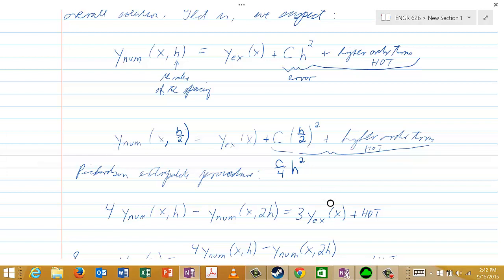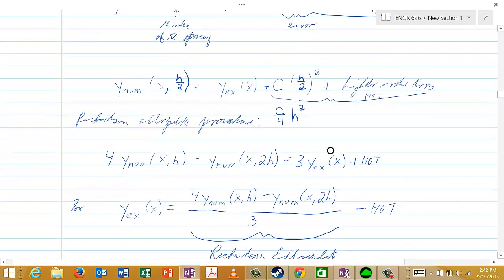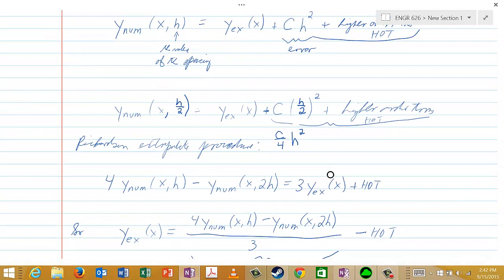And so you'll see that if we took y numerical of x comma h, and if we subtracted from that 4 times y numerical of x comma h over 2.